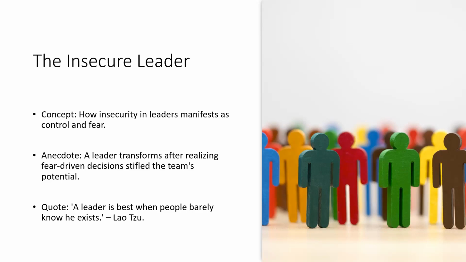Insecurity in leaders is a result of them seeing their people as enemies or as threats. But a weak leader can get better by realizing the people around them only make their leadership better when they harness their resources.